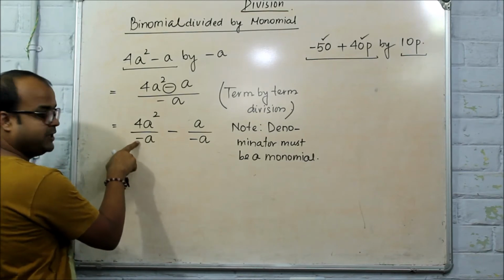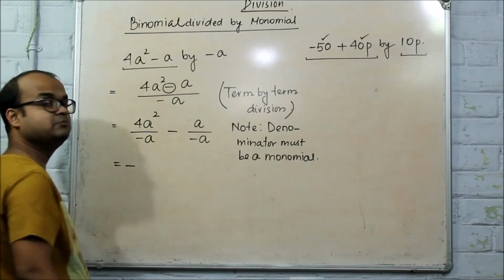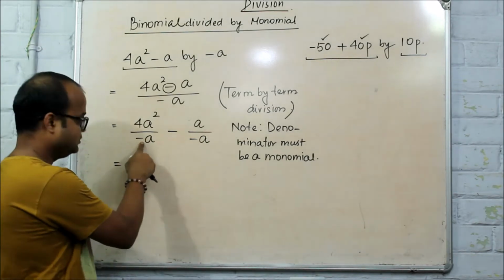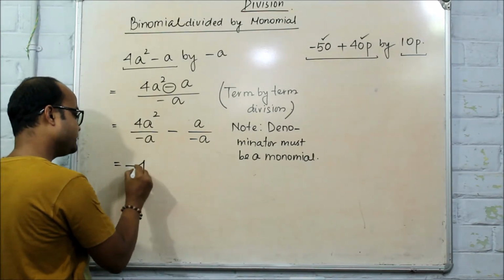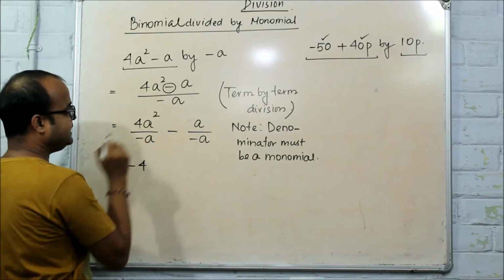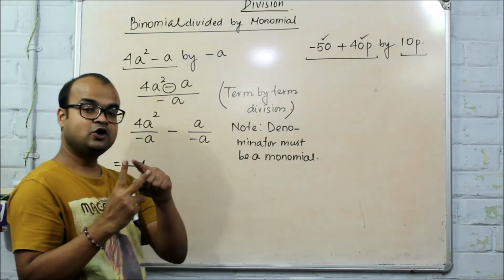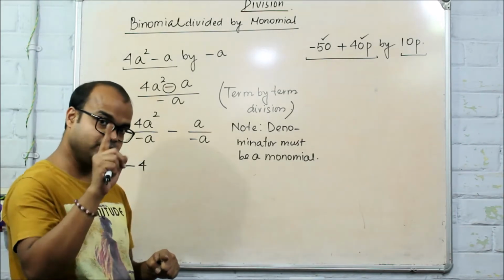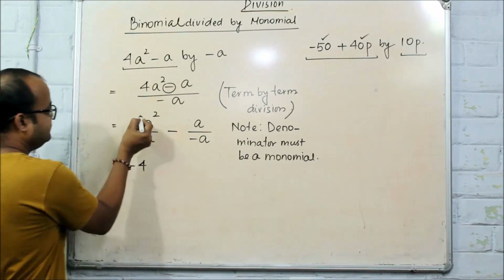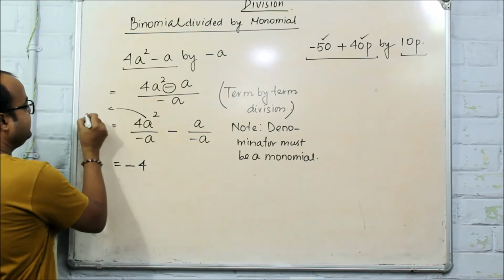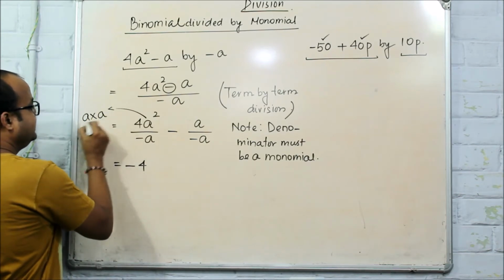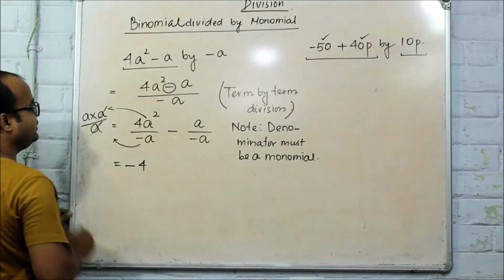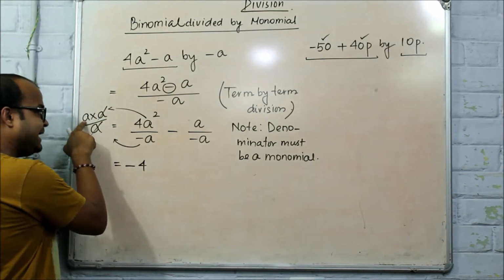Numerator plus, denominator minus, so the ultimate sign is minus. 4 by 1 means 4. A square by a: the numerator contains 2 times a, the denominator only 1 a, so 1 a will get cancelled. I am showing you this: a square means a into a divided by a. So see, 1 a and 1 a will get cancelled, so you are getting only a.